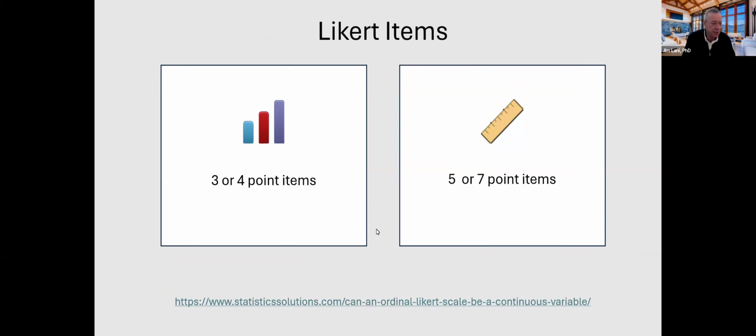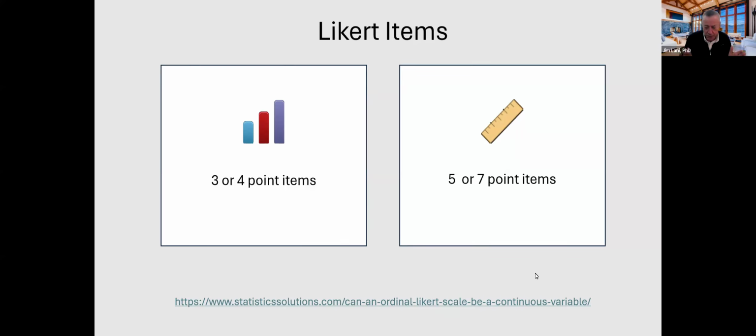Quick comment about Likert type items. Is a Likert type scale, from strongly disagree to strongly agree, ordinal, or is it really a scale variable? The rule of thumb is that if you're using only one item for some construct, like satisfaction, and it's a 3 or 4 point scale, you leave it as ordinal, and that's the symbol for ordinal there.